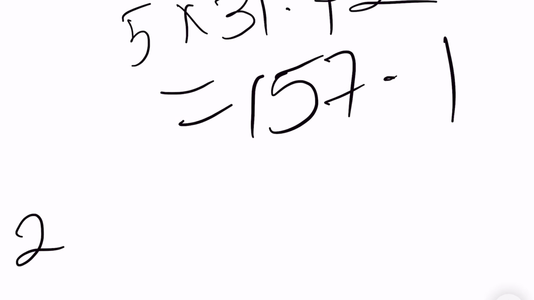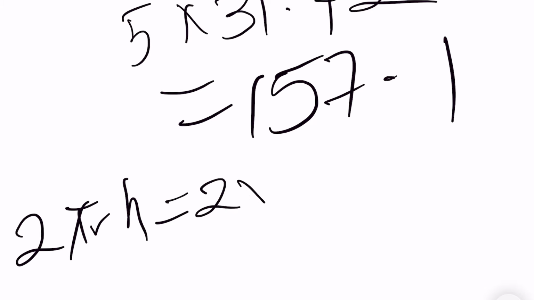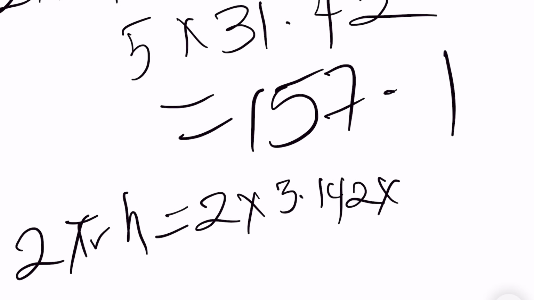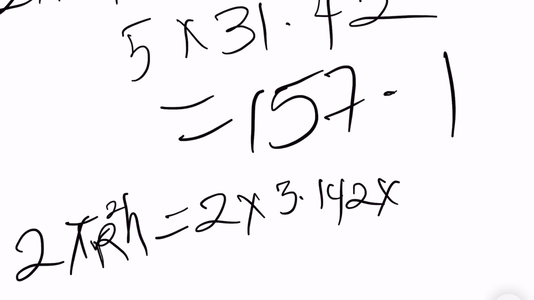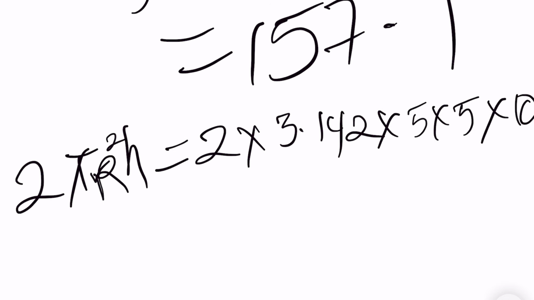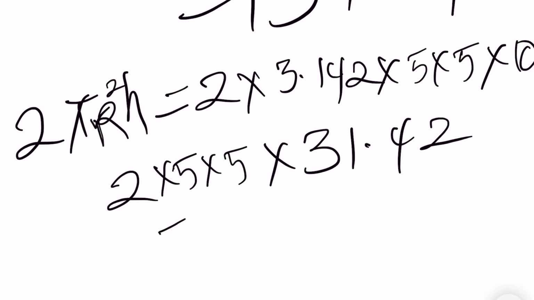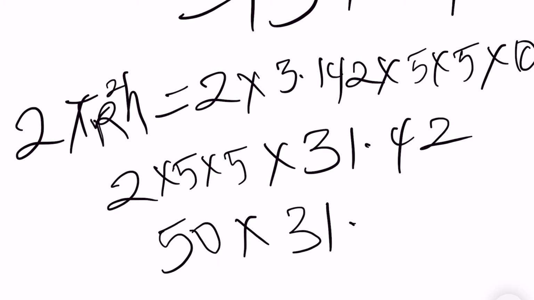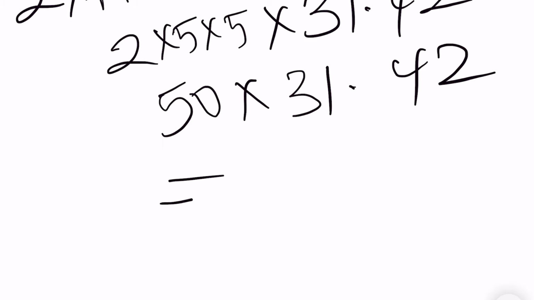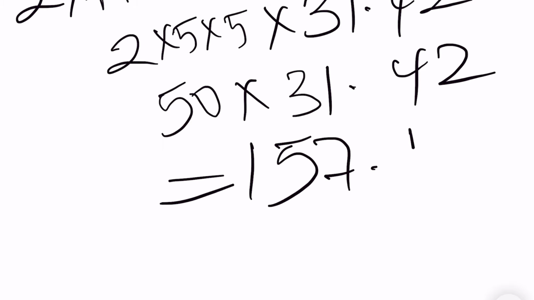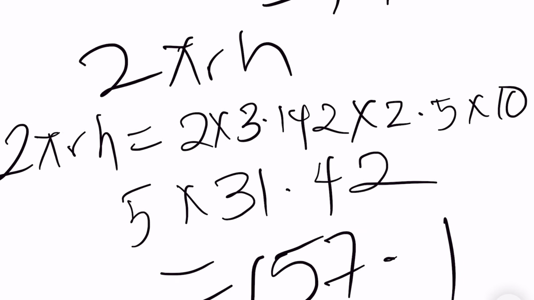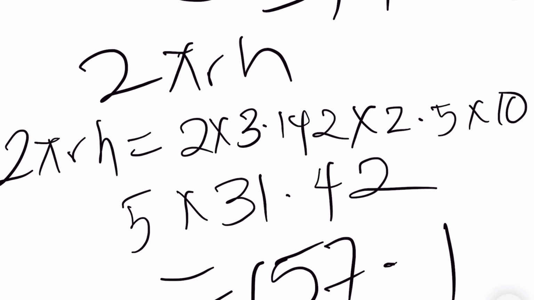The third one is 2 pi R squared, which is 2 times 3.142 times 5 times 5 times 10, and we have this to be 157.1.